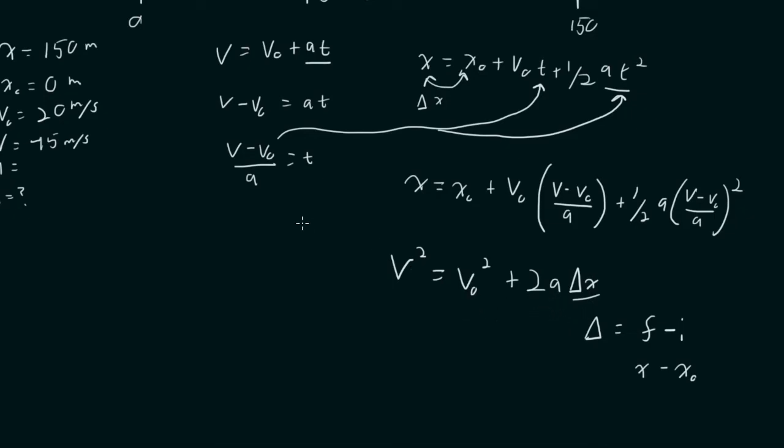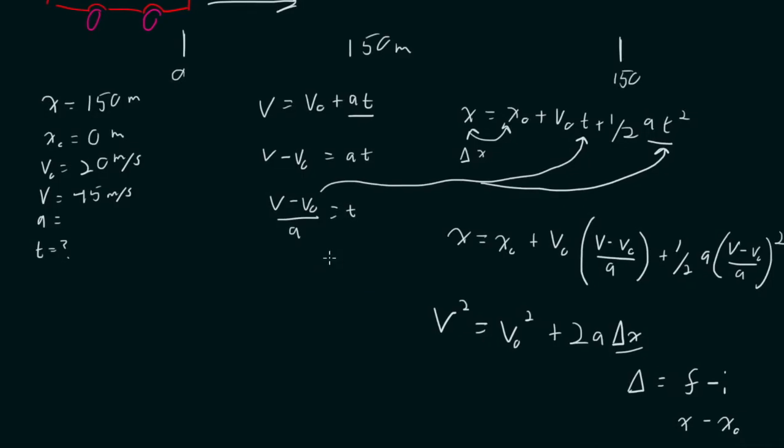And so if I look back at this problem, I have all of the variables I need to solve this guy. So I got v, I can put that in: 45 squared is going to equal 20 squared plus 2a delta x. Well, that's going to be 2 times a times delta x, which is just going to be 150. And so I can solve this. Let's take those squares and actually square them.